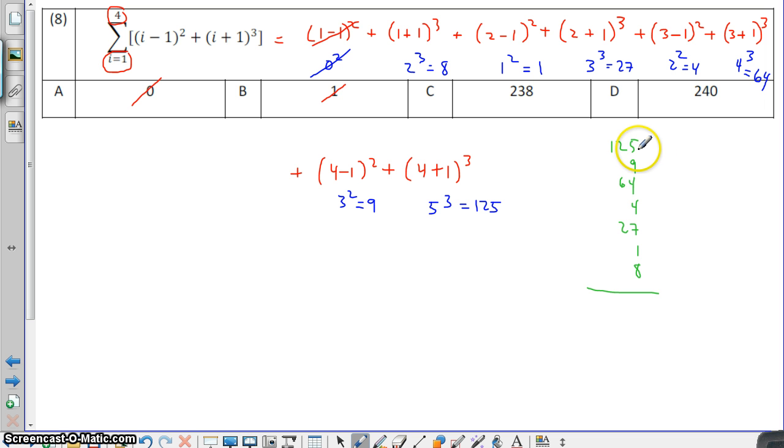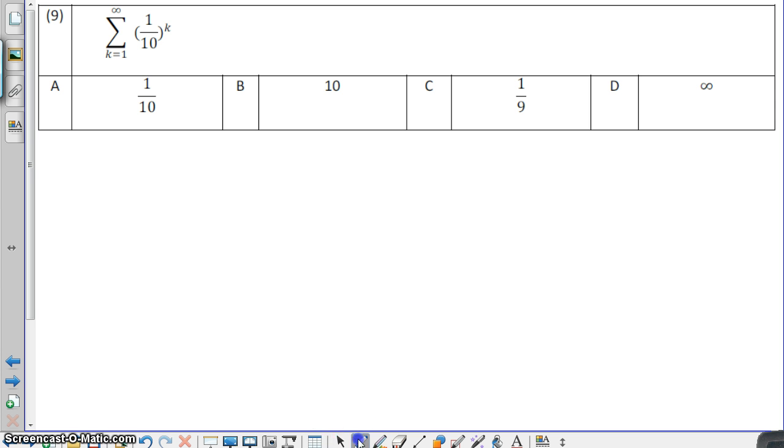Let's see. 5, 14, 18, 22, 29, 30, 38. I can already see that it looks like it might be that one since it ends in 8. So 38, carry the 3, 3, 5, 11, 13. Carry the 1, 238 is my answer. Moving on to the next one.